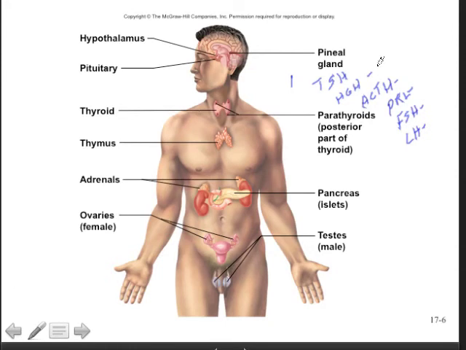Human growth hormone controls the body's size, and thyroid stimulating hormone stimulates the thyroid gland to produce its hormones, thyroxine and T3. Okay, so you can see here with this panoply of hormones that the anterior pituitary has a lot to say about how the rest of the endocrine system functions.